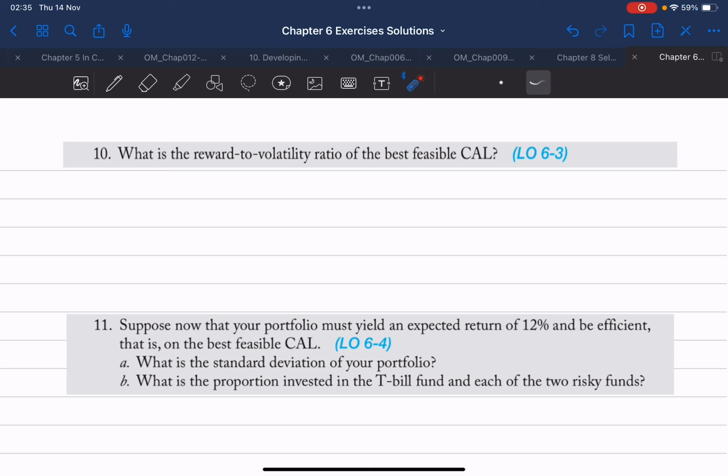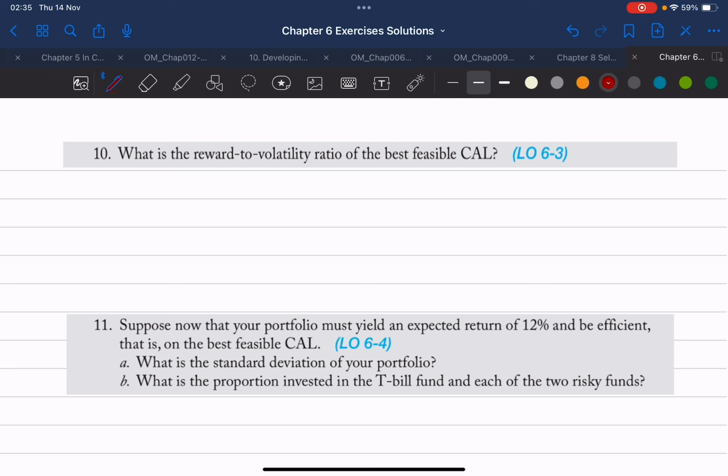Okay, so let's see what question 10 wants. What is the reward to volatility ratio of the best feasible capital allocation line? Now here, it would not make sense to you because the inputs are missing. So I'm going to give you the inputs.